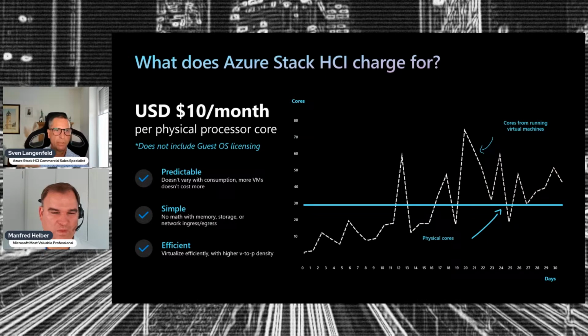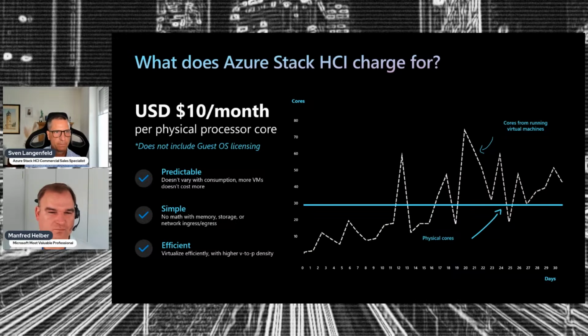So for example, if you deactivate some cores because you do not need them for a specific time period, you will not get charged for that. So very similar to your experience on Azure, you pay for what you use.